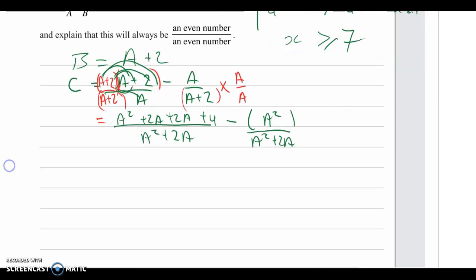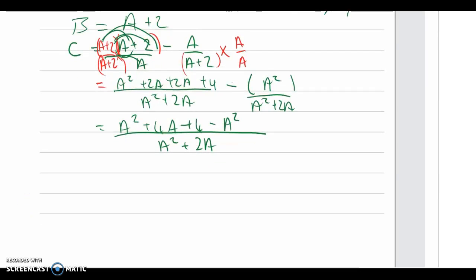Okay. Now remember, this negative is going to have to go to every term. So A squared plus 4A plus 4 minus A squared, all over A squared plus 2A. Remember, when you've got the common denominator, you keep that common denominator and you just add the numerators, or subtract the numerators in this case.